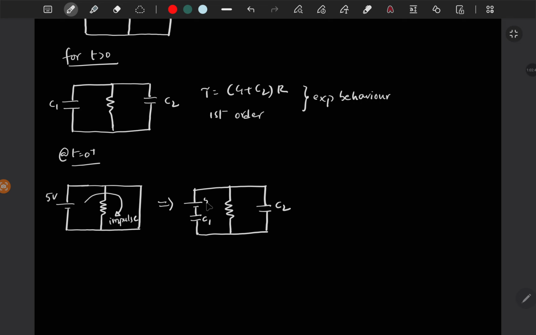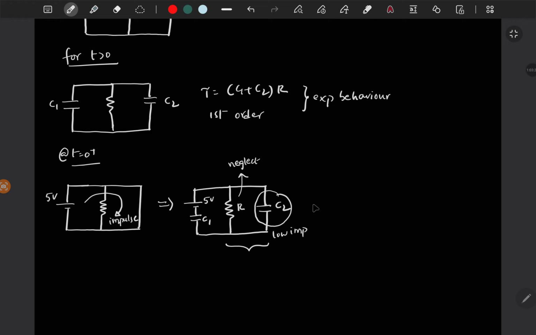So this is C1, this is 5 volt, and this is R. If you have a lower impedance across a finite impedance, equivalently you can ignore that finite impedance, and this is approximately short circuited, so you can neglect this one.